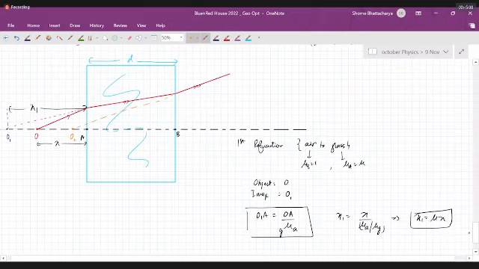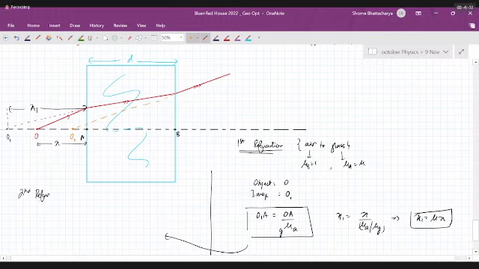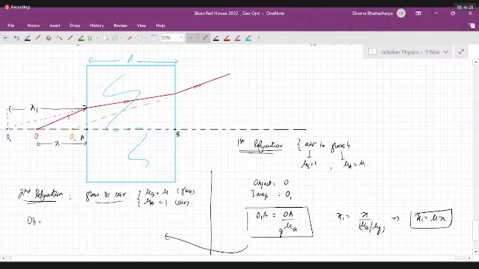Now for the second refraction, glass to air, the object is O1.